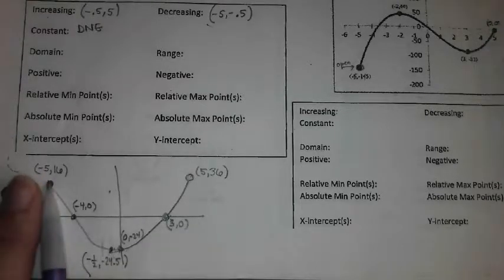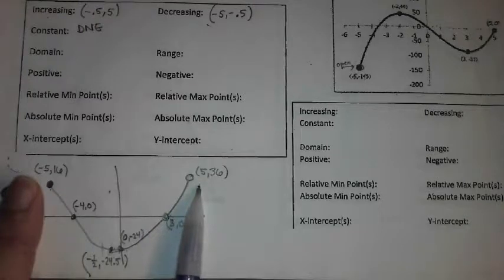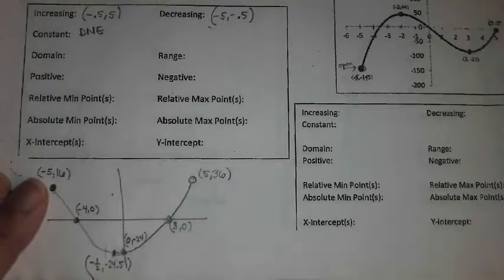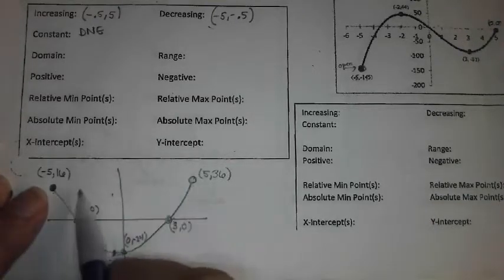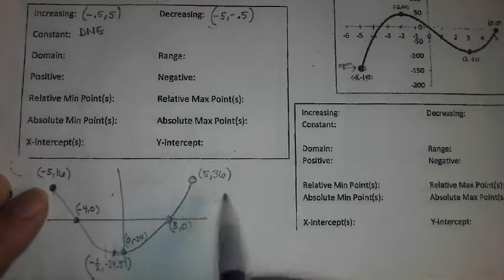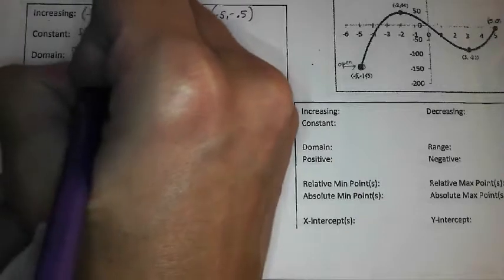It's all the x values left to right, the lowest x value to the highest x value. Okay? And here is where we're going to start going. This one will be a bracket because it's a filled circle. This one will be a parenthesis because it's open. -5 bracket to 5 parenthesis.